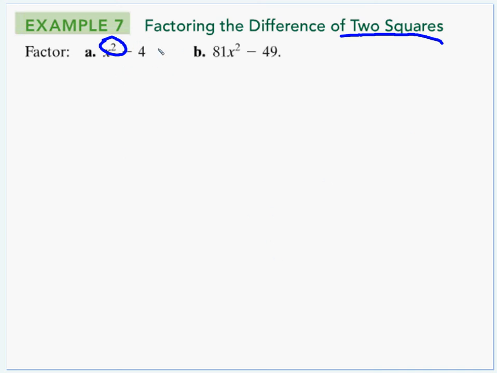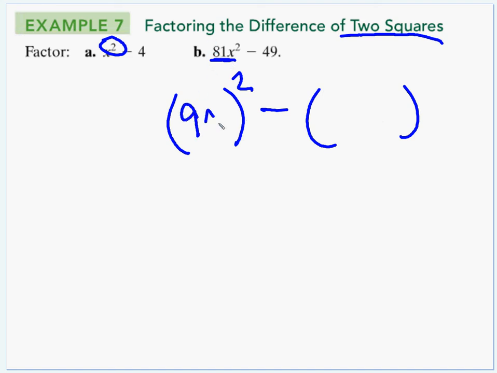Now, B looks a little more intimidating because we got some big numbers in there, but don't let it fool you. Always be looking for those perfect squares. 81 is a perfect square, so is 49. And let's write it like this. What would you square to get 81x squared? Well, the square root of 81 is 9. The square root of x squared is x.